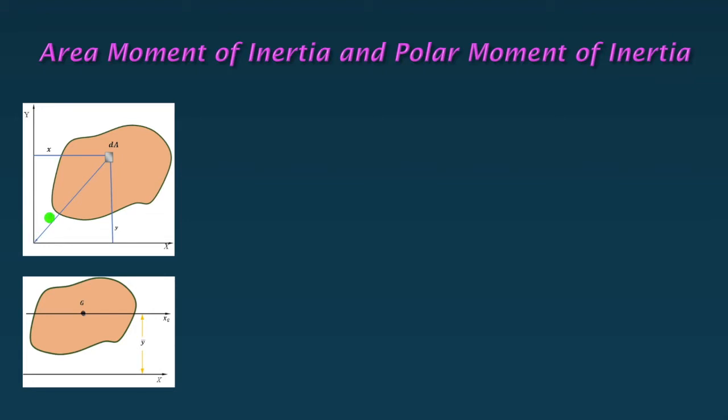When we measure the moment of inertia about the z axis, which is perpendicular to the plane of this area, it is called the polar moment of inertia. But when it is about the x or y axis, it is called area moment of inertia.